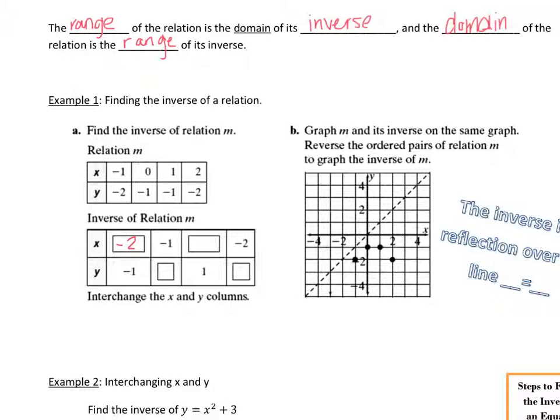All right, and you can graph that. So -2, -1 is right there. What will your next coordinate be? -1, 0. Yeah. As Levi said, the next one will be -1, 1.